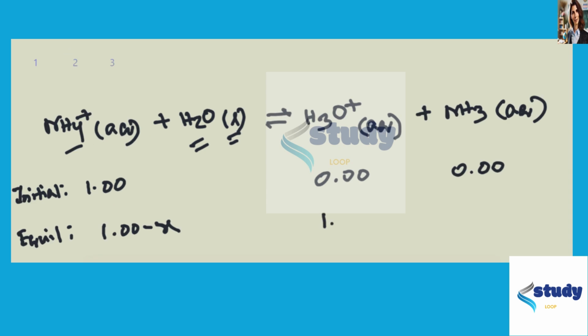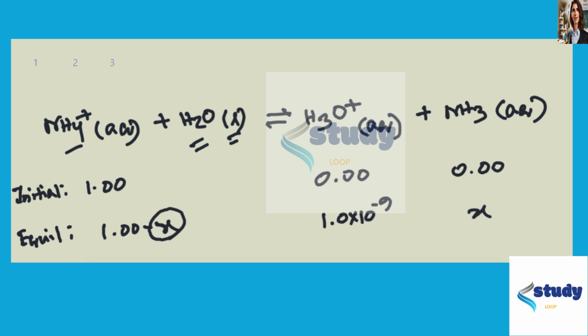So we write this here as our final H3O+ concentration, and the final NH3 concentration will be however much NH4+ dissociated in water, which is x.